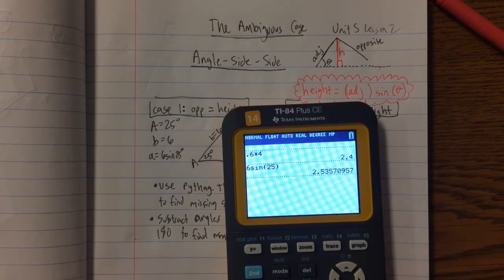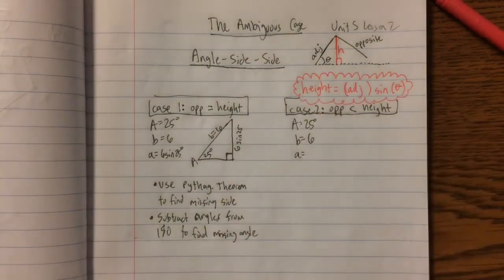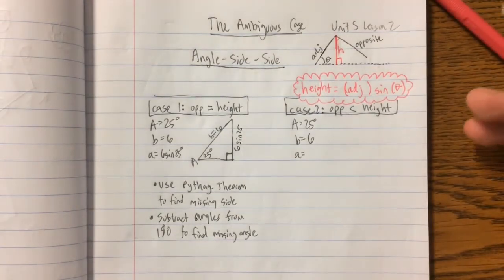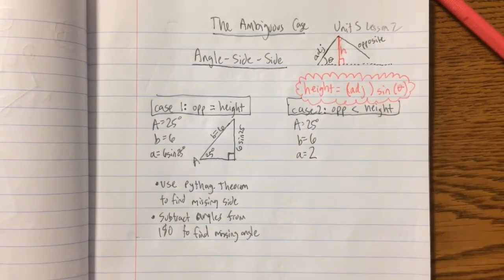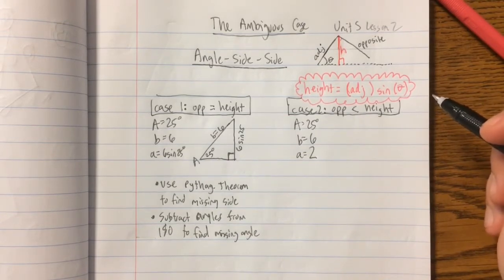Okay, that sounds a little better. So it's about 2.5, right? So what would be a number that would sort of fall into this category? What would be a number that would be less than the height? Like 2? Okay, so we'll say this is 2. In other words, that side opposite of the given angle is shorter than the height.